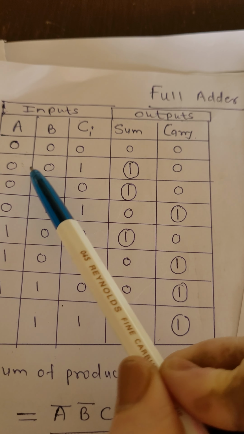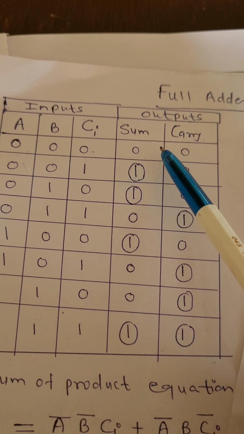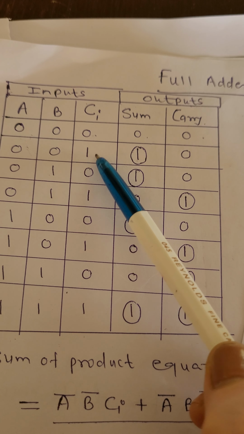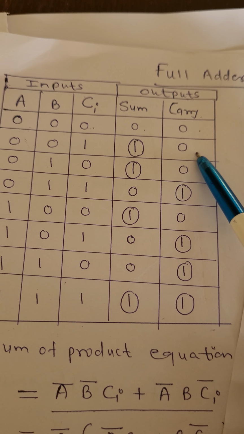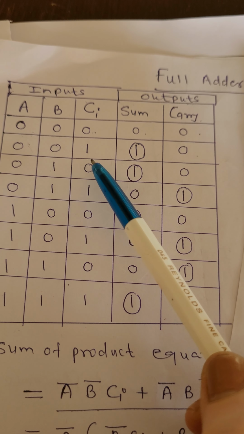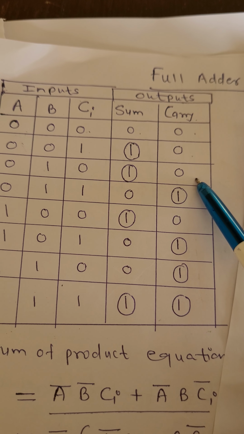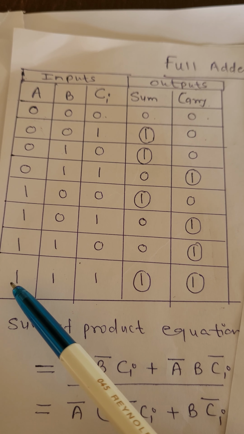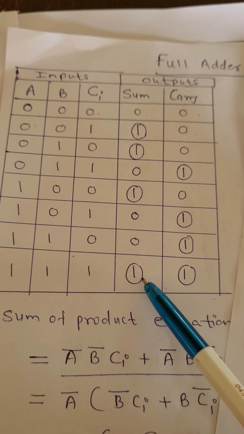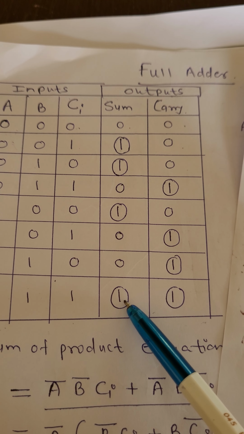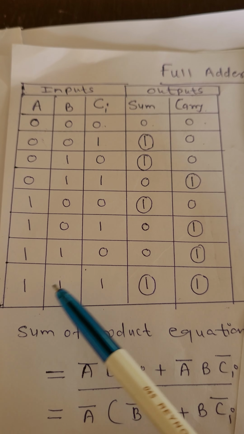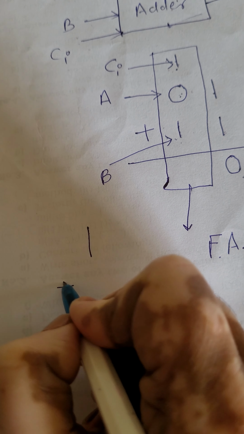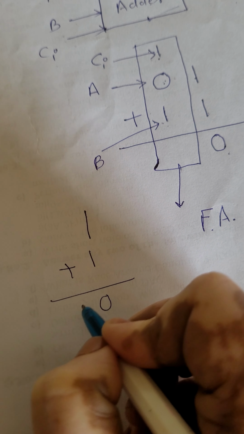Now it is a plain binary addition we have to do and write. So if it is 0 0 0, naturally the sum will be 0, carry also will be 0. When it is 0 0 1, the addition will be 1, there is no carry, so 0. If it is 0 1 0, again sum will be 1, carry is 0. So like that all combinations are done. If it is 1 1 1, as per binary addition rules, we know that sum is also 1, carry is also 1, because if it is triple 1, 1 plus 1 is actually 0, carry 1.